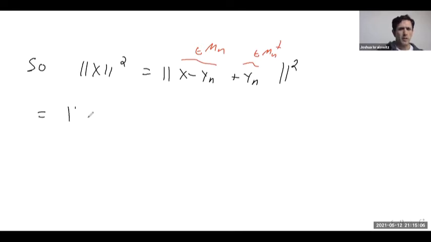So the norm of x squared is equal to the norm of x minus y_n squared plus the norm of y_n squared. In particular, it's bigger or equal to the norm of y_n squared.